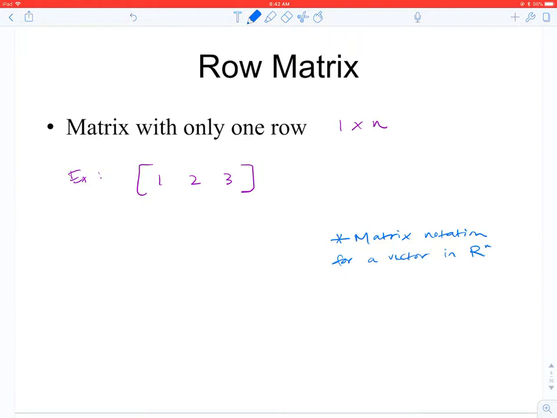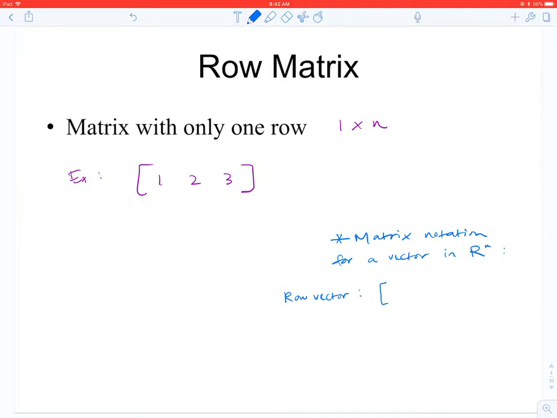Okay, remember how two-dimensional space we referred to as R2, one dimension would be R1, 3 dimensions would be R3, 4 dimensions R4, and so on. So that's what I mean by a vector in Rn. Okay, so a row vector, with matrix notation, would be a row matrix, where each element represents a component of the vector.